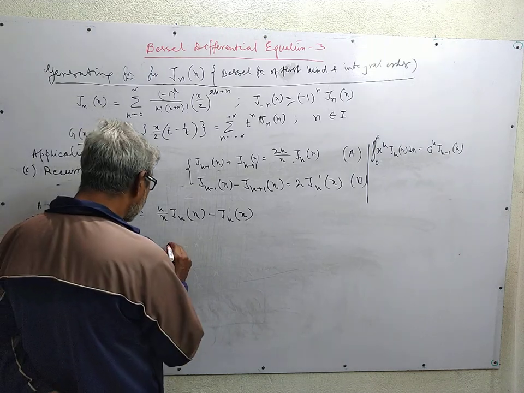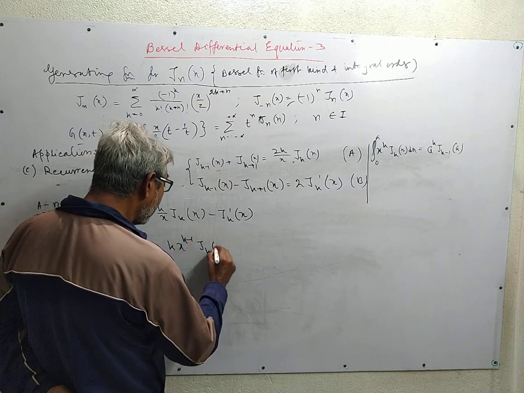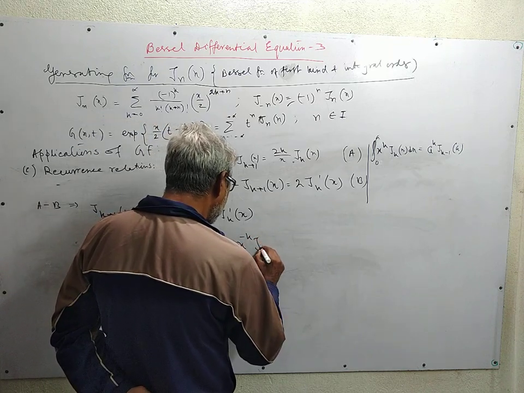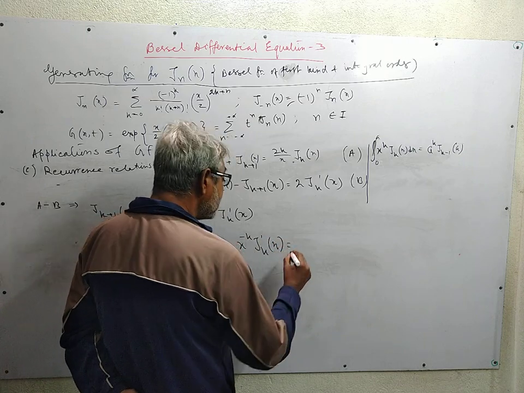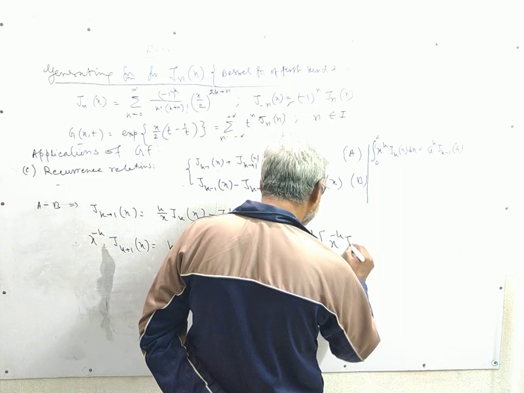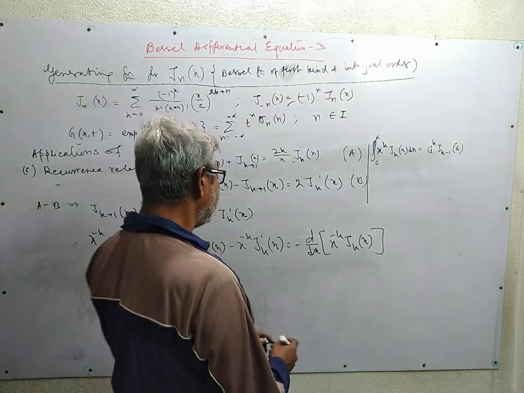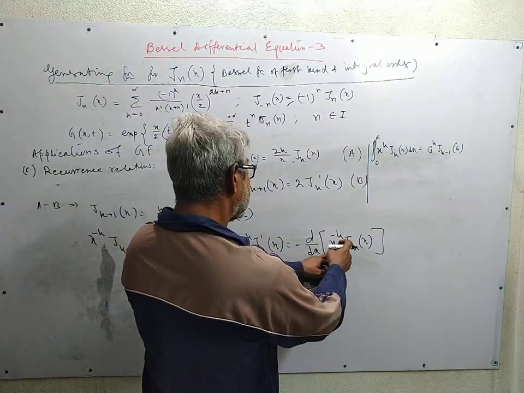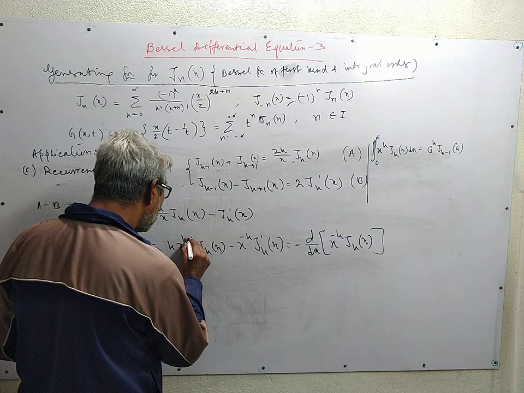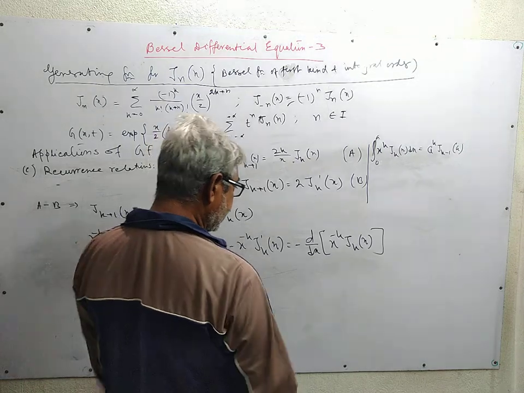On the right side we get k x^{-k-1} J_k(x) minus x^{-k} J_k'(x), which is minus d/dx of x^{-k} J_k(x). If we differentiate the first term we get this term, and from the second term we get this.